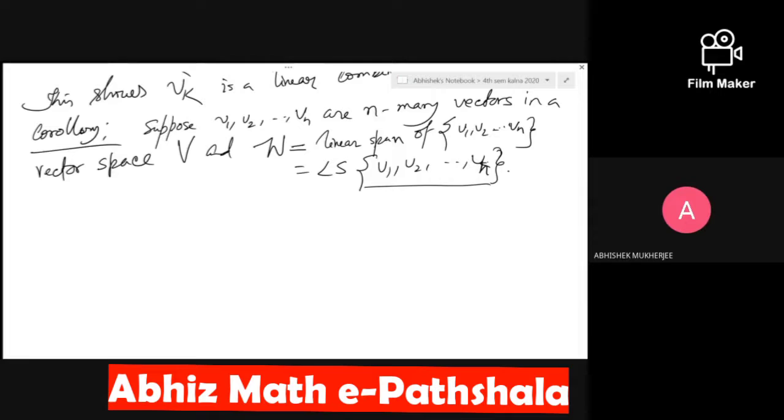So amongst the n many vectors v1, v2, vn, if v1, v2, vk are linearly independent, then there exists a subset of v1, v2, vn containing v1, v2, vk, consisting of linearly independent elements whose linear span is W also.